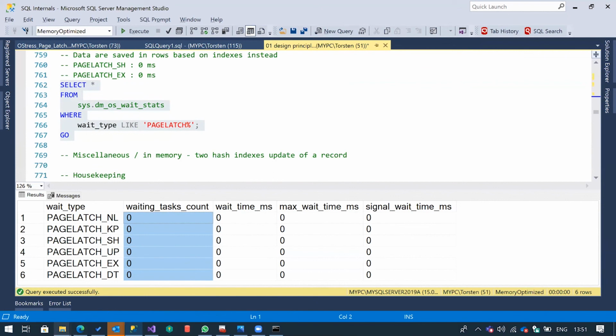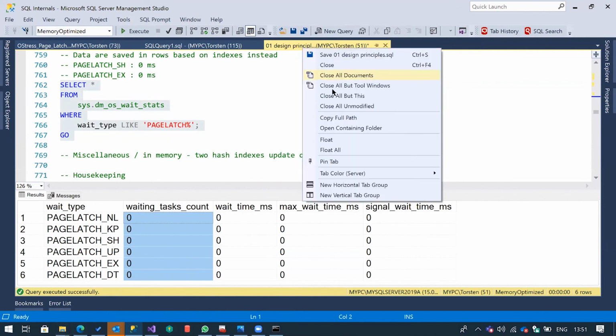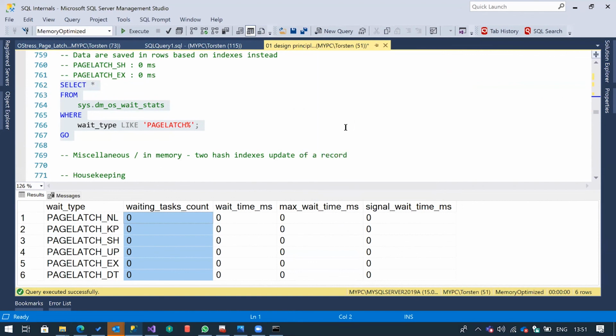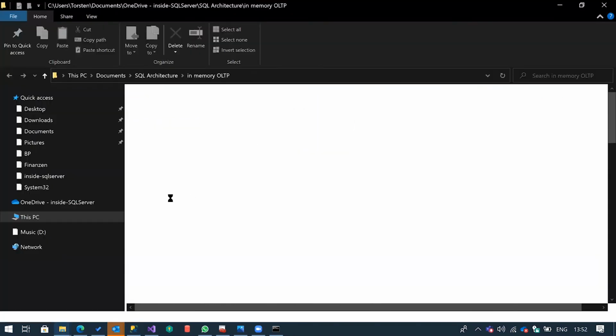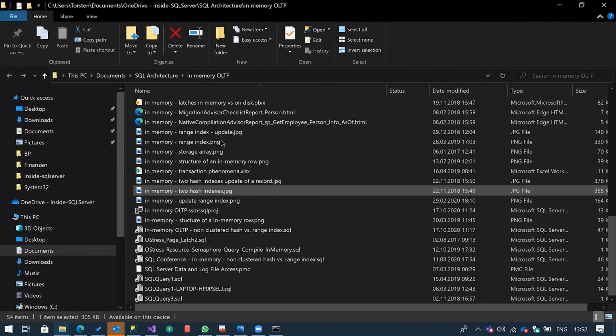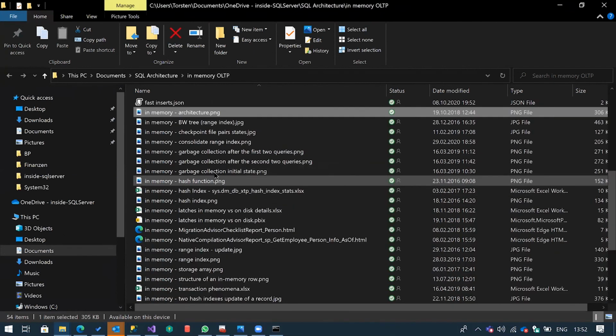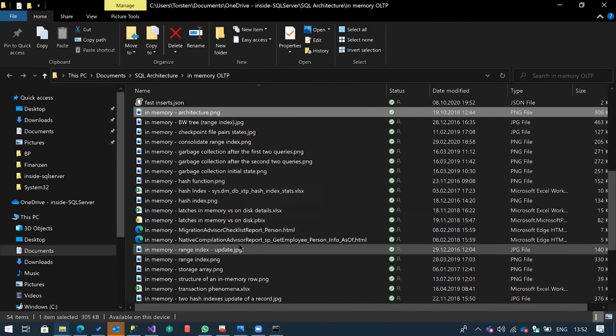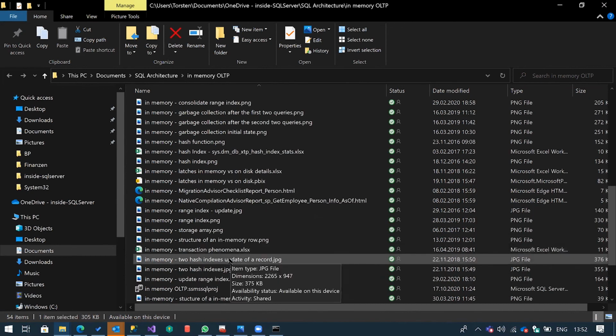You can see, and this is maybe definitely worth opening here, in-memory OLTP, the hash index, where I do have two hash indexes.